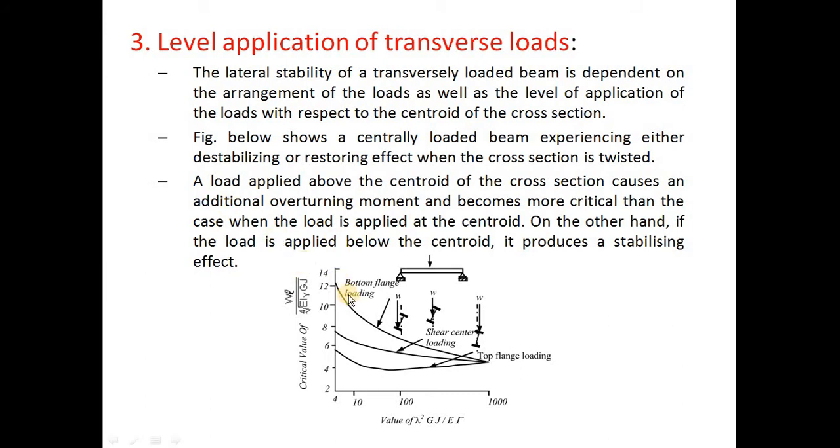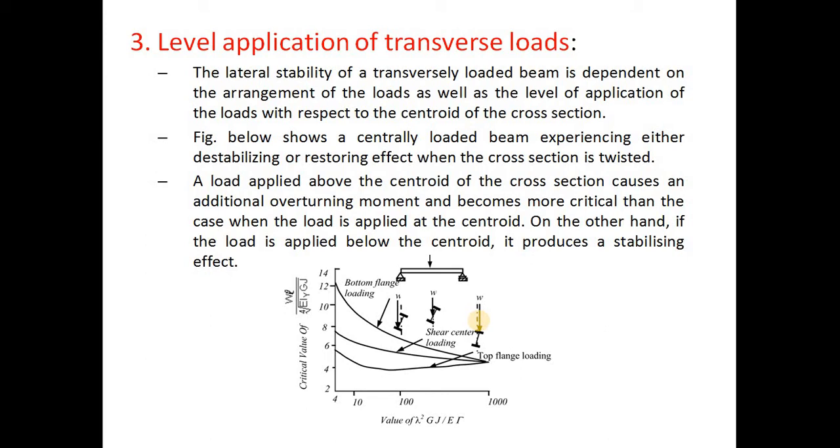Now what happens here? A load applied above the centroid of the cross section. You can see here this case. This is an I section where the CG lies exactly at the center of the I section. When we try to apply the transverse load above the CG of that, what happens?